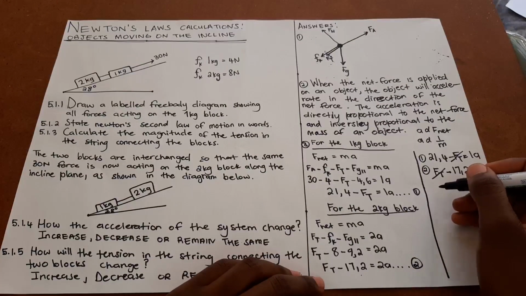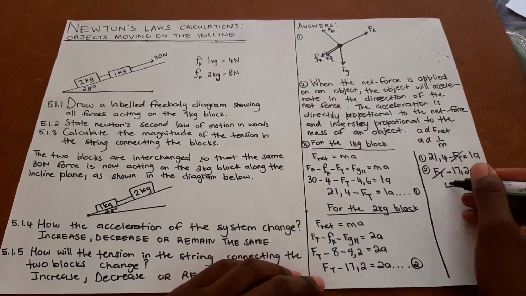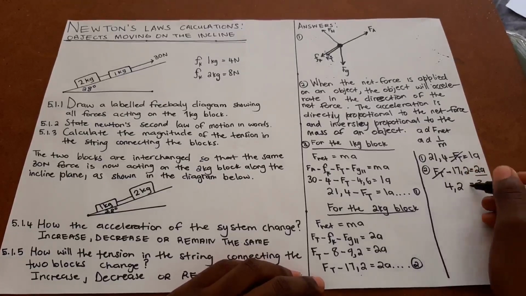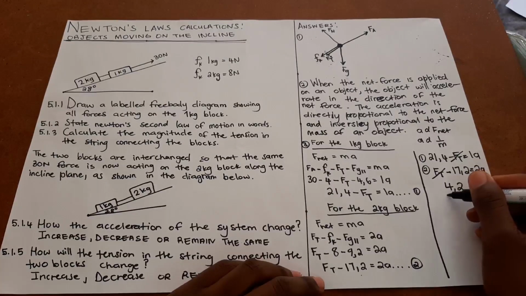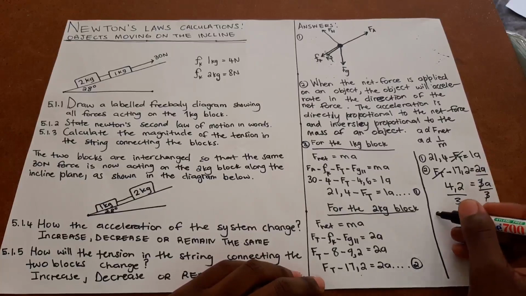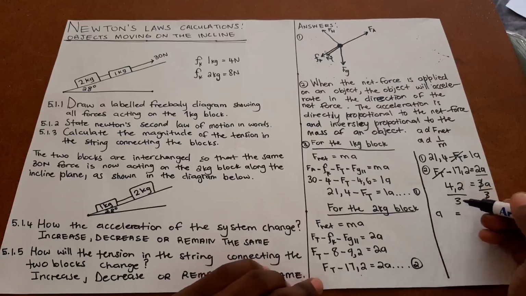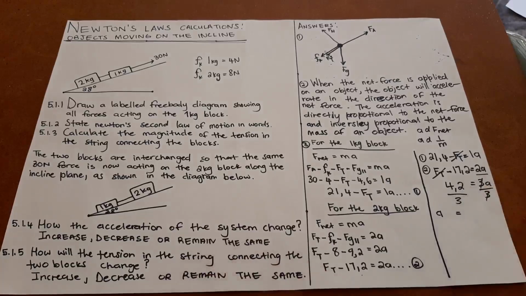So we're going to have 4,2 this side. 4,2 is equal to 3A, over 3 over 3. This cancels this, and we are left with A. Then our acceleration is equal to 4,2 divided by 3. Press on the calculator again.